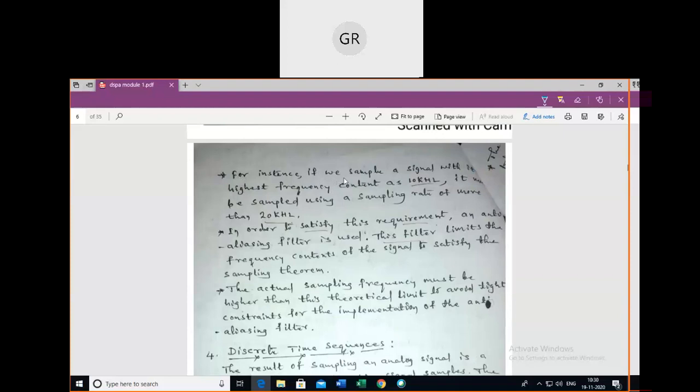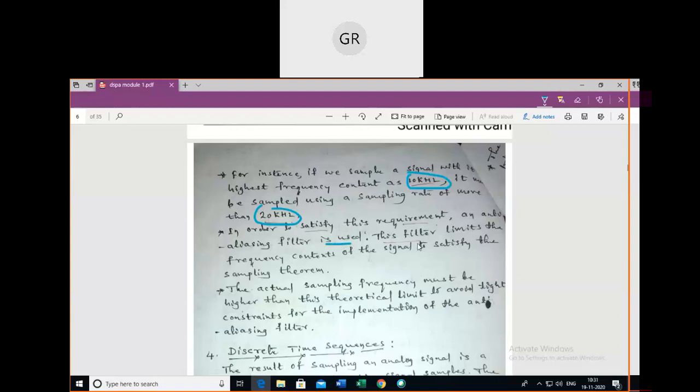For instance, if we sample a signal with its high frequency content as 10 kHz, it must be sampled using a sampling rate of more than 20 kHz. The highest frequency is fmax, and 2 times fmax is 2 into 10, that means 20 kHz. That means the sampling frequency is 20 kHz. In order to satisfy this requirement, an anti-aliasing filter is used.